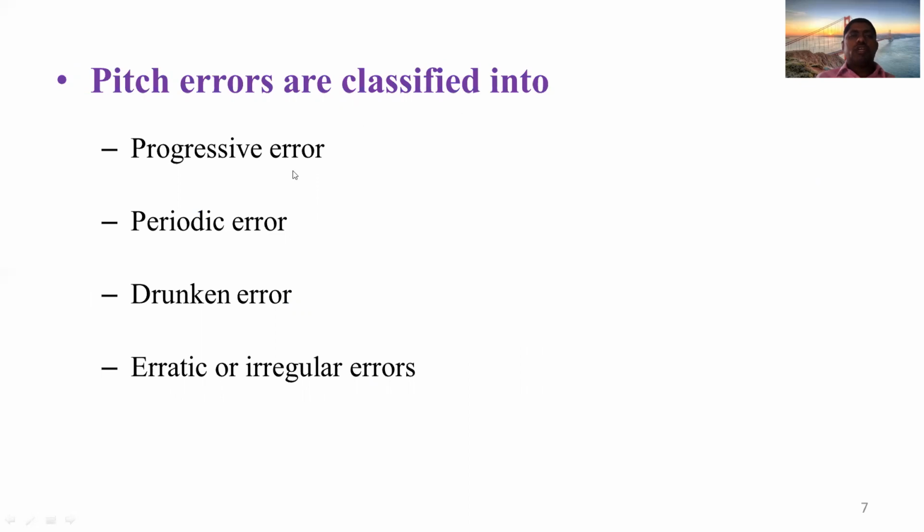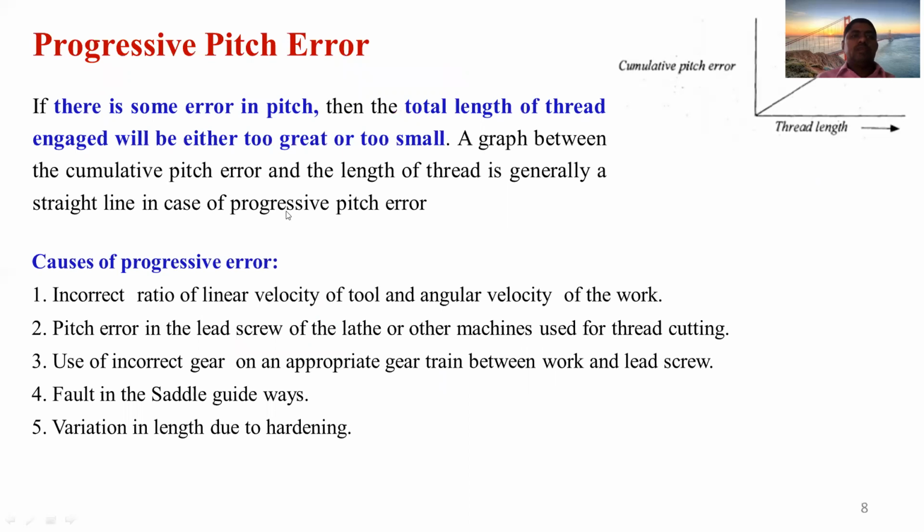So pitch errors are classified into progressive error, periodic error, drunken error, and irregular or erratic errors. We will see one by one. One is the progressive pitch error.